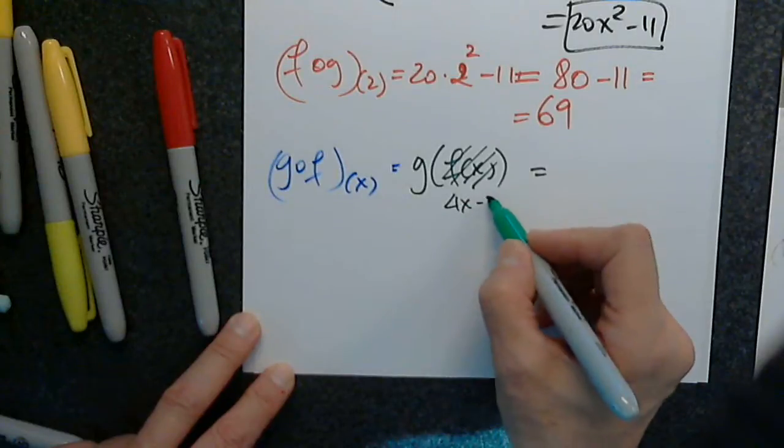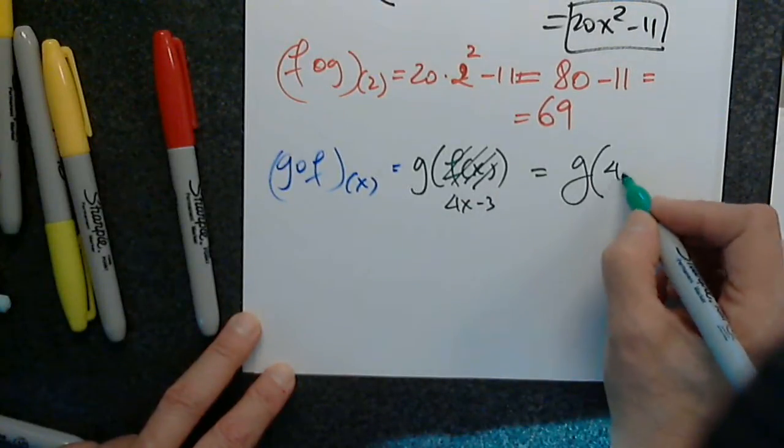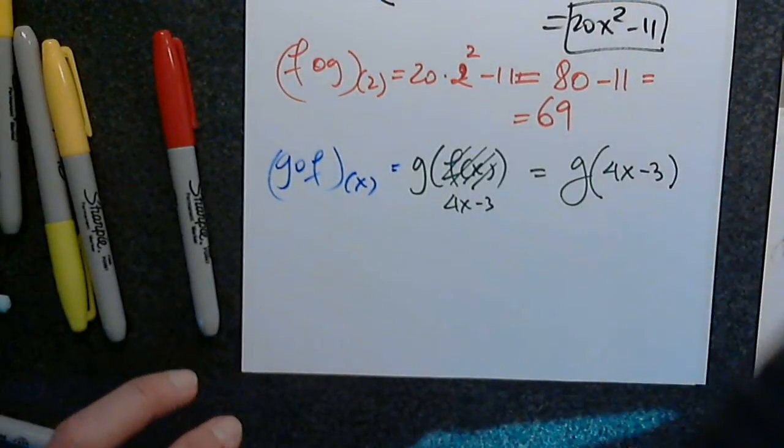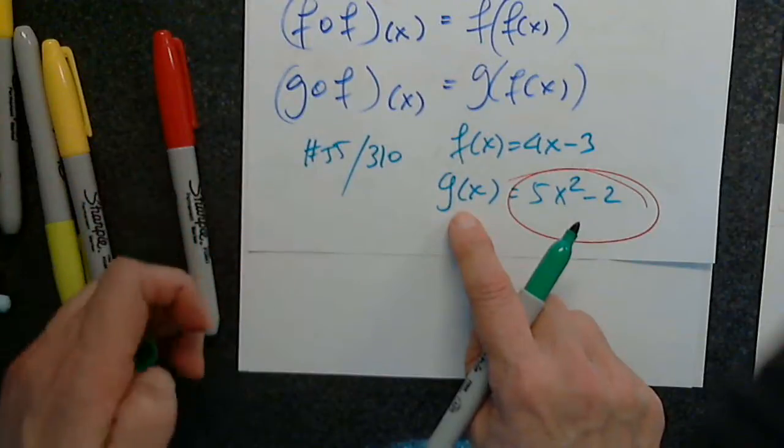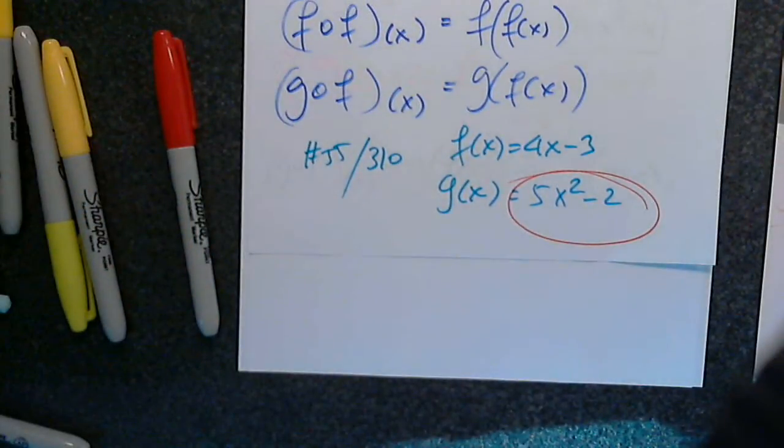This one is 4x minus 3, and I have to write g of 4x minus 3. But now I have to stop and look. Let's take a look at what g says. g says to us, g of whatever is 5 times whatever squared minus 2.